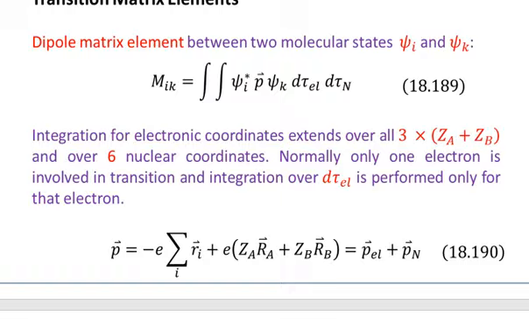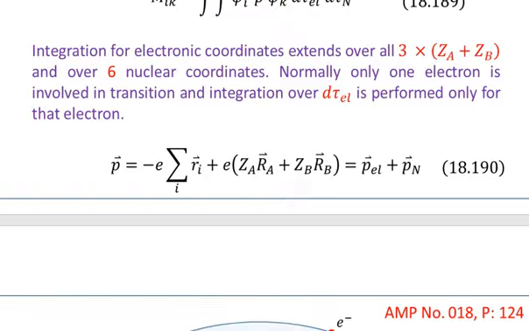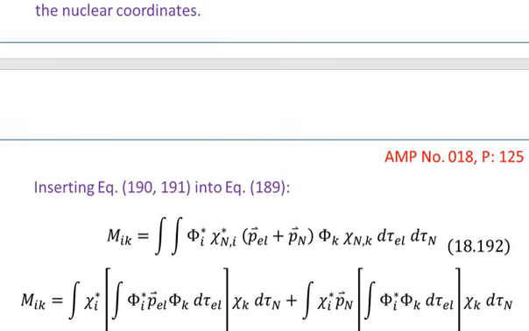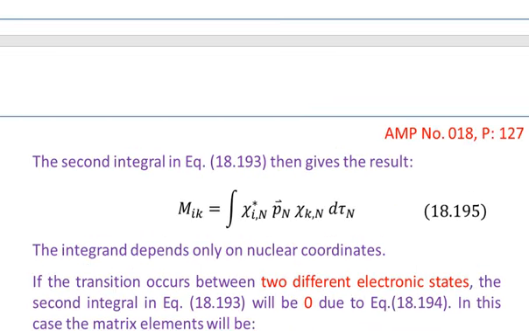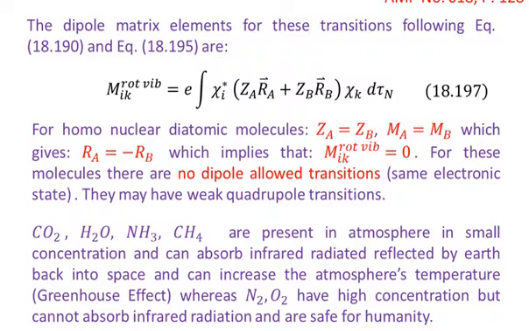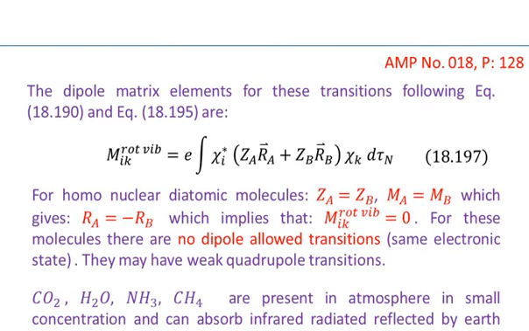You can put the value of P from equation number 190 into equation number 195, and then you will get this relation. So this is the matrix element between I and K, and I and K here belong to the same electronic state, and we are considering the rotation and vibration.